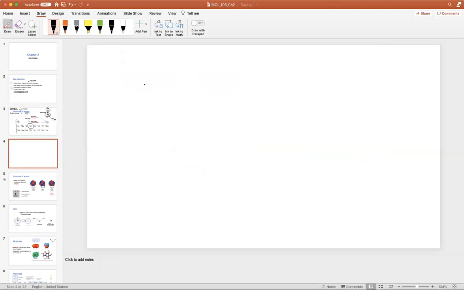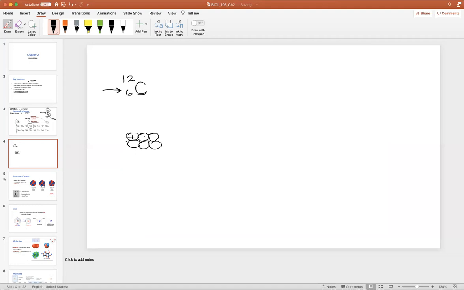So carbon was the chemical symbol, and the atomic number is 6, and the mass number is 12. Okay, so what does that tell us? Well, remember the atomic number is the number of protons. So we must have 6 protons in the nucleus. Let's draw them. So 1, 2, 3, 4, 5, 6.